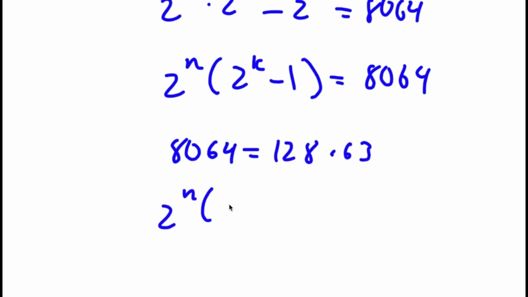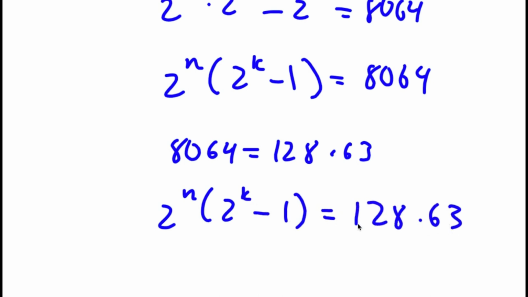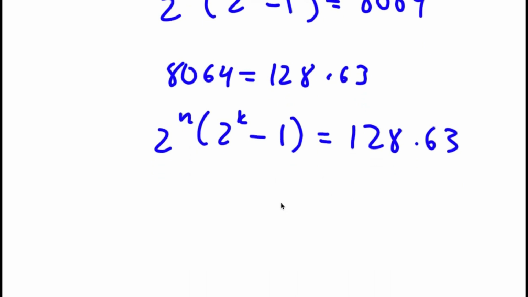So I have 2 to the power of n times 2 to the power of k minus 1 is equal to 128 times 63. Now notice 2 to the power of n is going to be an even number, and 2 to the power of k minus 1 is going to be an odd number, because 2 to the power of k is even, and an even number minus 1 is odd. And 128 is even, and 63 is odd.